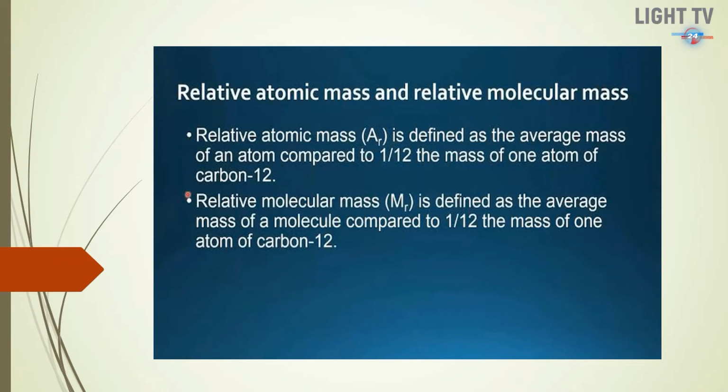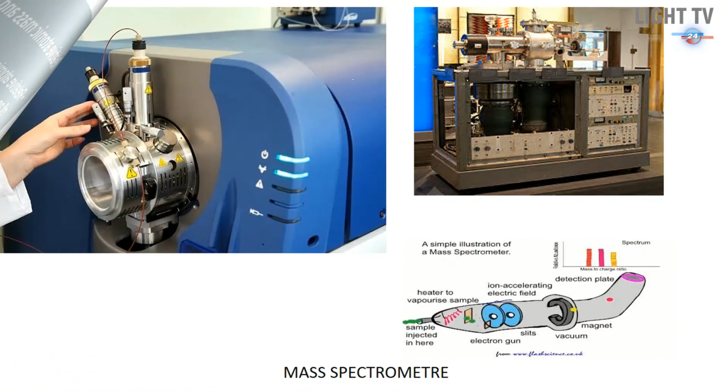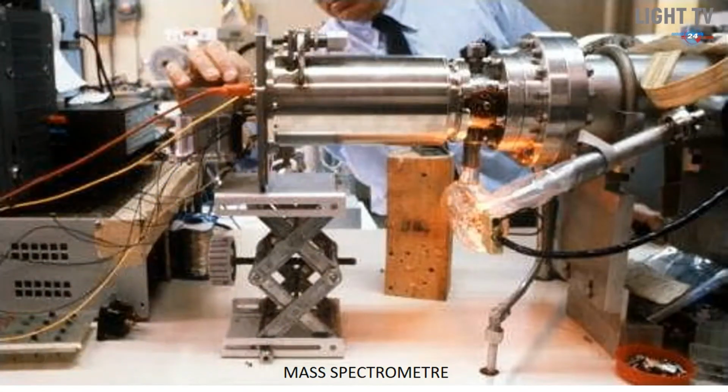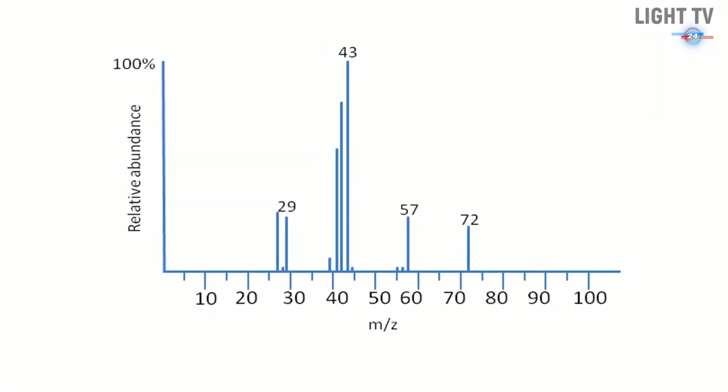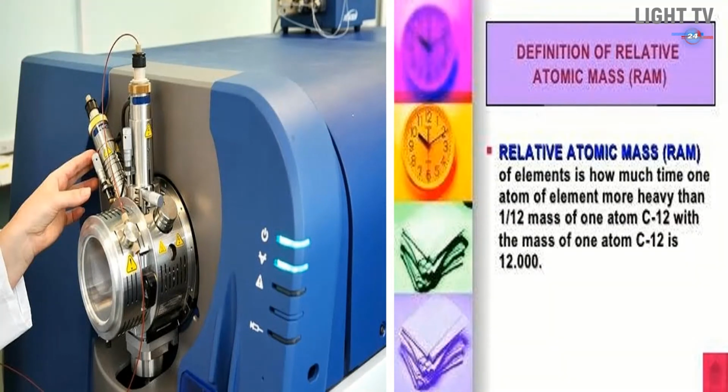RAM is measured by an instrument called a mass spectrometer. In exams you can be given a mass spectrum which you can use for calculation, or you can be given the mass of the element. But to accurately determine the relative atomic masses of elements, a mass spectrometer is used.